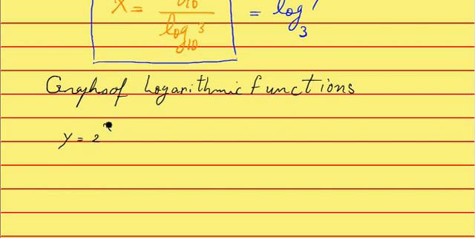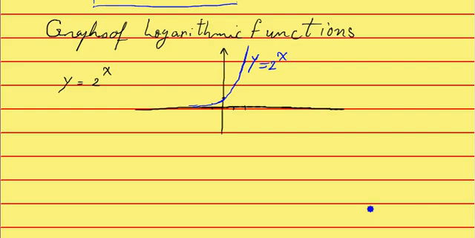We have practiced dealing with functions such as 2 to the power of x, and we know the graph of that looks something like, suppose this is 1, so at 1 we have 2, and at 2 we have 4, minus 1.5, and so on. And we have a graph kind of looking like this. Graph of y is equal to 2 to the power of x. What's the inverse function of this? Inverse function of this is a logarithm of x in base 2.